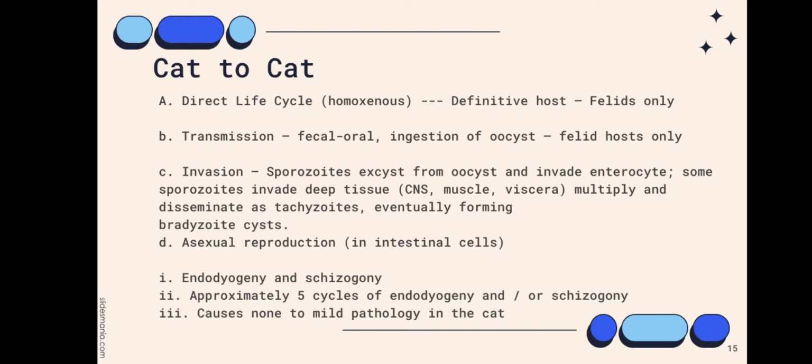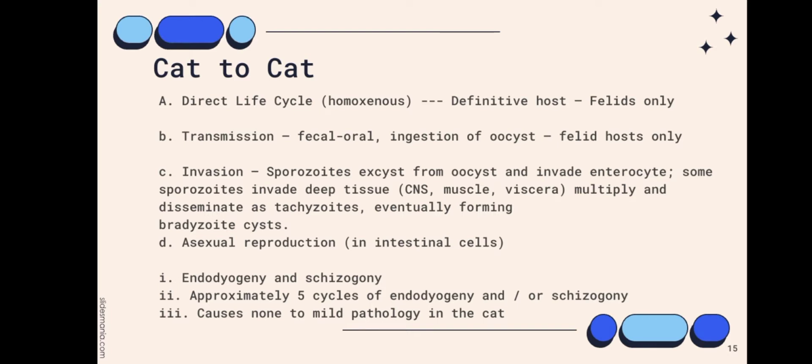Ingestion of oocysts only in the felid host. The invasion: the sporozoites exit from the oocyst and invade enterocytes. Some sporozoites invade deep tissue, the CNS, muscle, and viscera, multiply and disseminate as tachyzoites, eventually forming bradyzoite cysts.